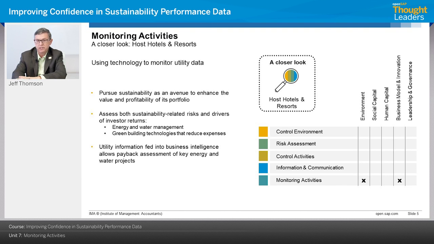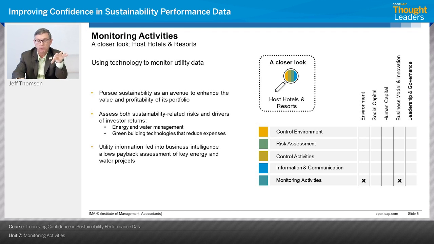It's traded on the US New York Stock Exchange. In 2016, they had revenues of over $5 billion. And they started sustainability reporting in 2016 on their 10-K, which is the annual filing that US public companies make with the Securities and Exchange Commission.